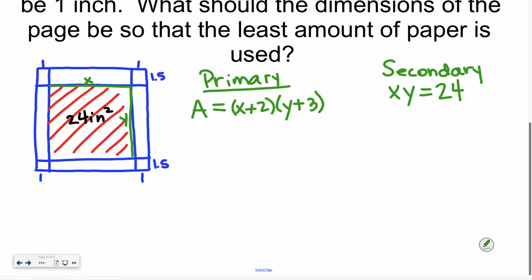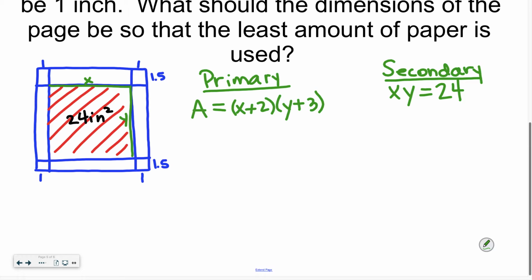Okay, so let's take a moment and look at primary versus secondary. Primary, we are trying to minimize the dimensions of our piece of paper. Okay, so notice how I choose A for area. Last time I chose V for volume. It's kind of like our Y equals, right? And then I have our area here.